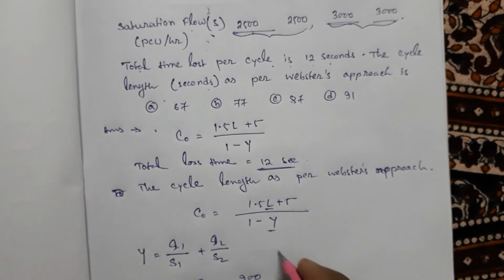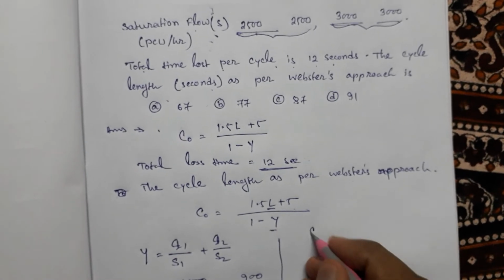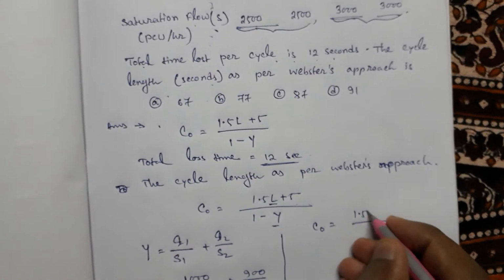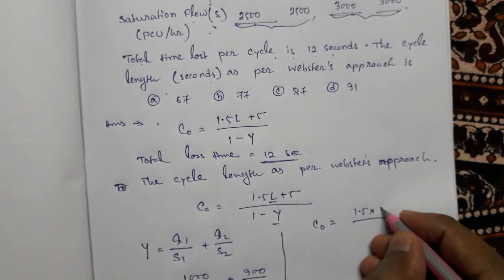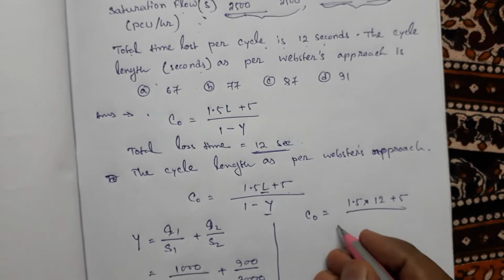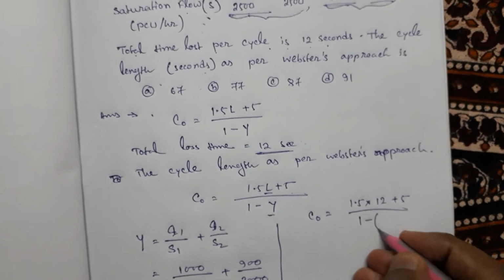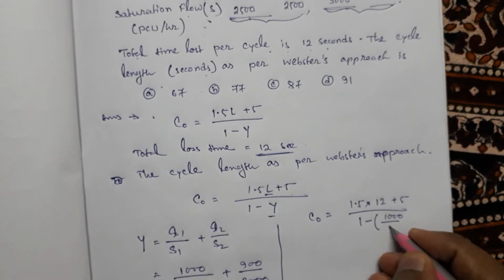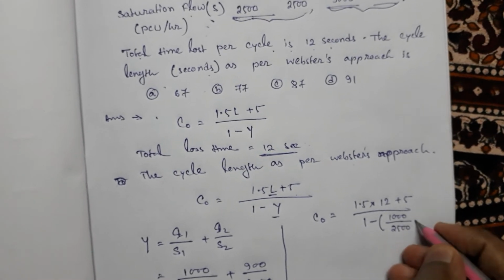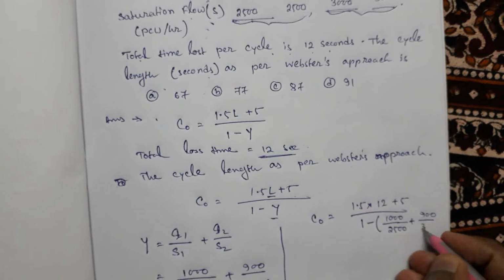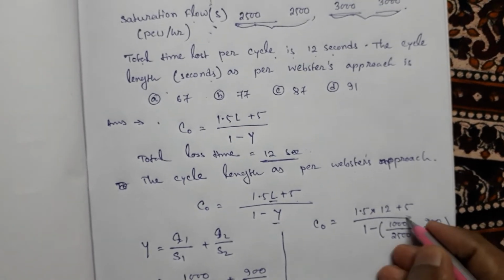So now come to the formula. C0 equals 1.5 into 12 plus 5 divided by 1 minus (1000 by 2500 plus 900 by 3000).